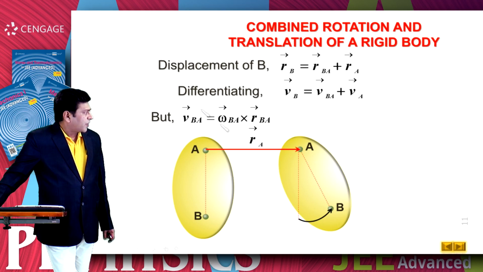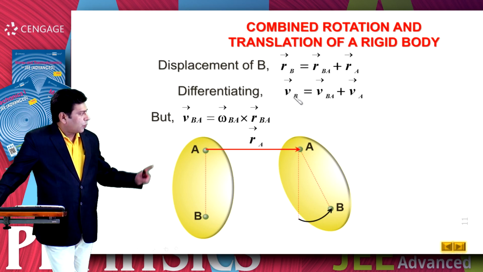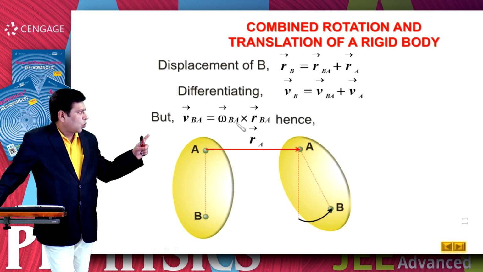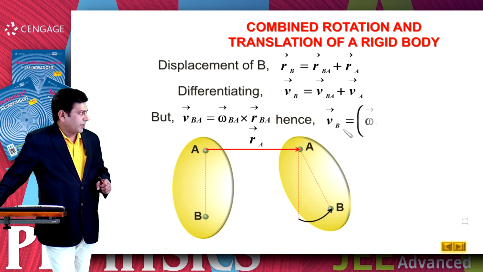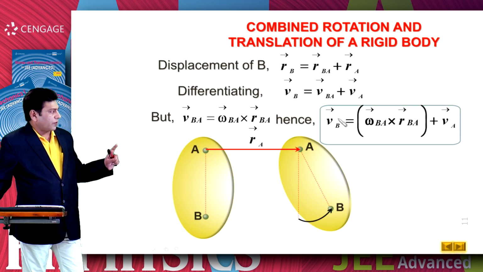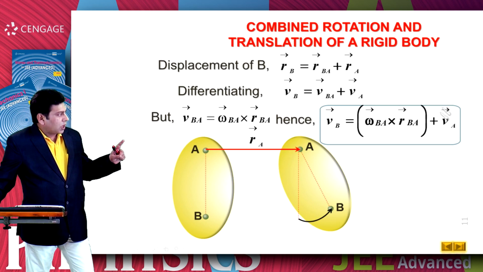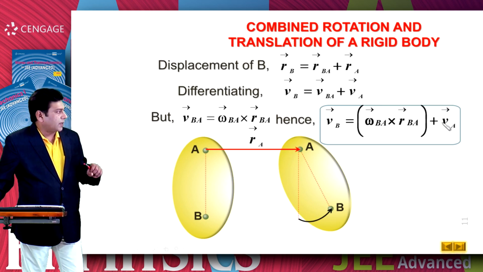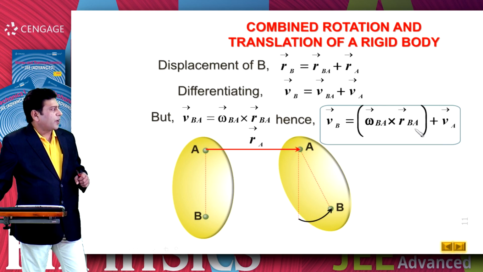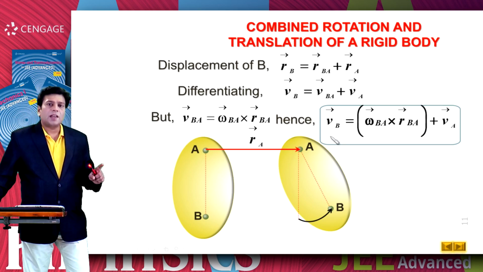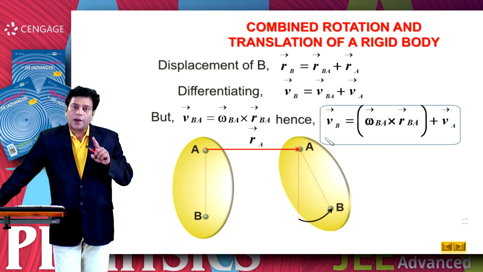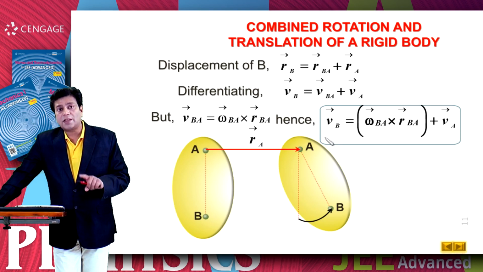That means if we substitute this value in this equation, we can write VB equal to omega BA cross product RBA plus VA. We can observe here, this is the velocity of B and here it is the velocity of A. If we know the velocity of any point, that is the velocity of A, and if we know the angular velocity of a rotating body, we can find the velocity of any other point situated inside the rigid body if it is translating as well as rotating.